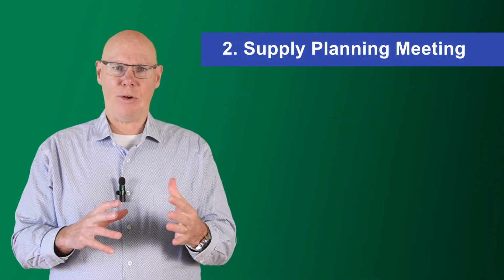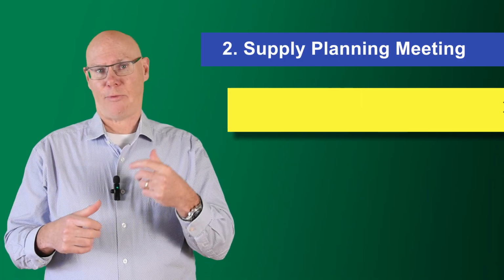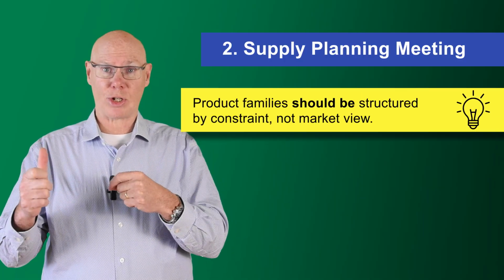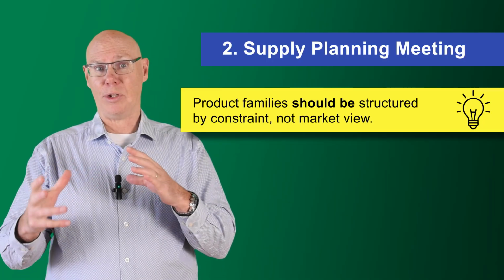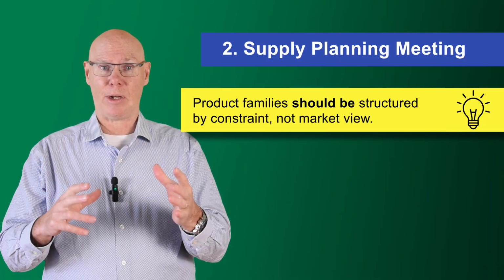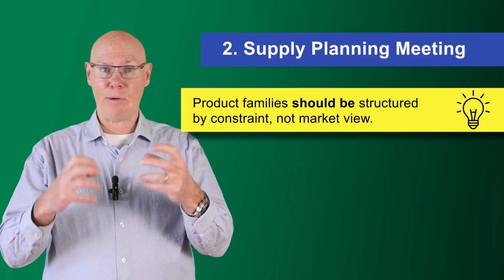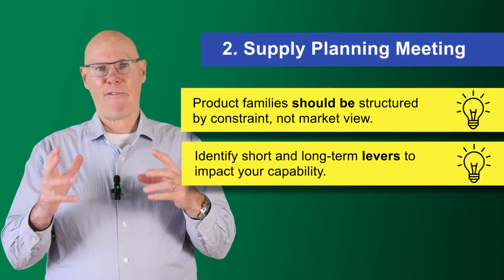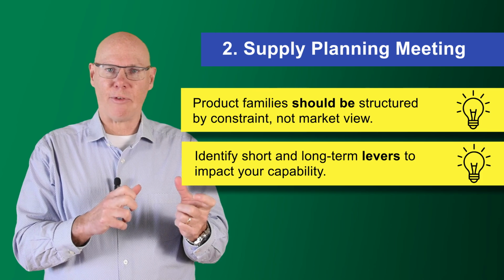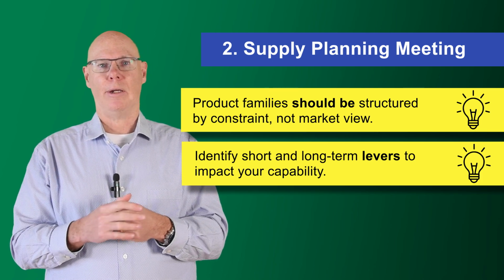Some tips that you can use while you're in this meeting is, first of all, families should be structured by constraint, not by market view. This will support the decisions around capability changes and highlight where you have some mismatches. Second, identify short and long-term levers to impact your capability.